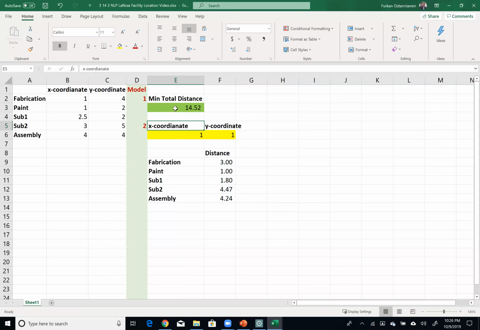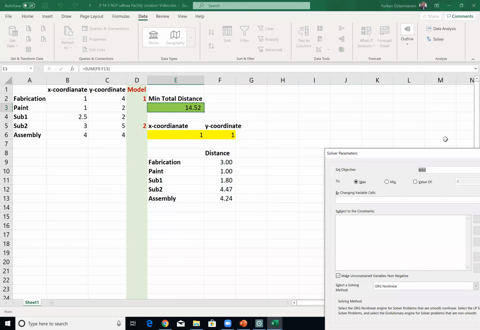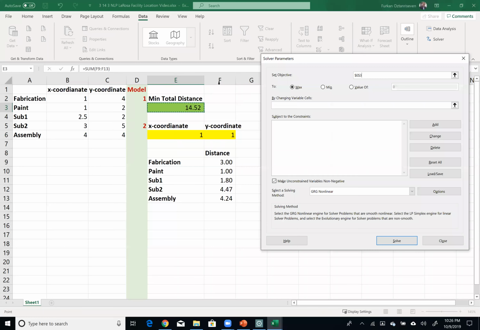Data, Solver. If you don't have Solver, go to File, Options, Add-ins, Analysis ToolPak, click on Go, and make sure you check the Solver add-in, and then it will take a minute. In Solver, my objective value, click on this icon, is the green cell. Is this a maximization or minimization problem?